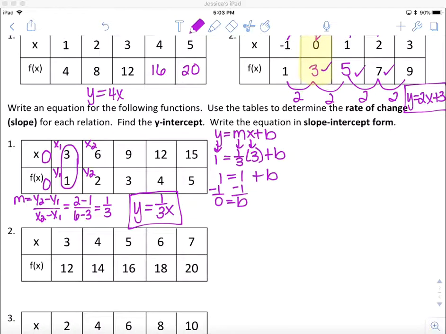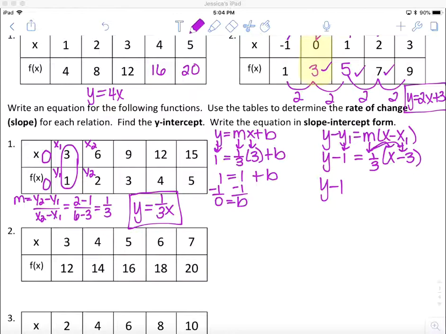The last method you could use is point-slope form. And I'm going to use the same point here, the 3, 1. If I plug in 1 for y1, 1/3 for m, and 3 for x1, then I can distribute, and I get y minus 1 equals 1/3 x minus 1.